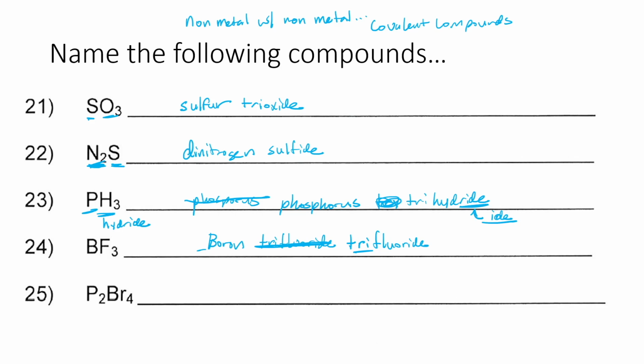And then the last one on this page, we have 2 phosphoruses and 4 bromines. That's easy. We'll just do diphosphorus.